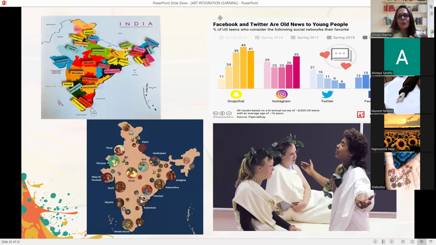For example, Facebook, Twitter, and all that. The students understand these graphs, or which social media is liked by students these days, whether it is Snapchat or Instagram, and so rather than telling them the numbers or percentages, that won't stay with them. And of course, Roman Empire in the form of theater.